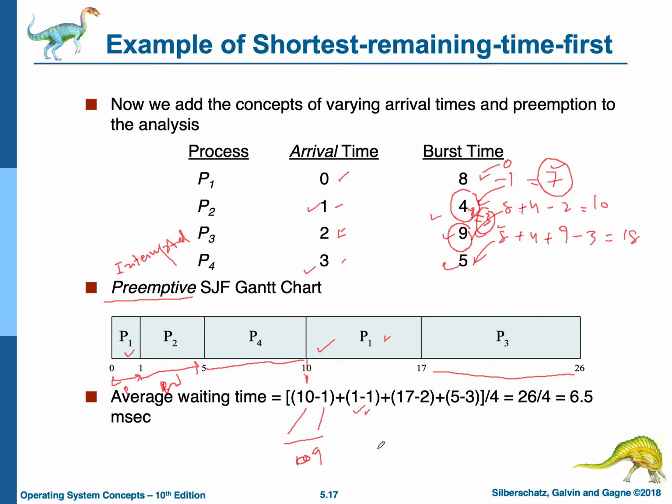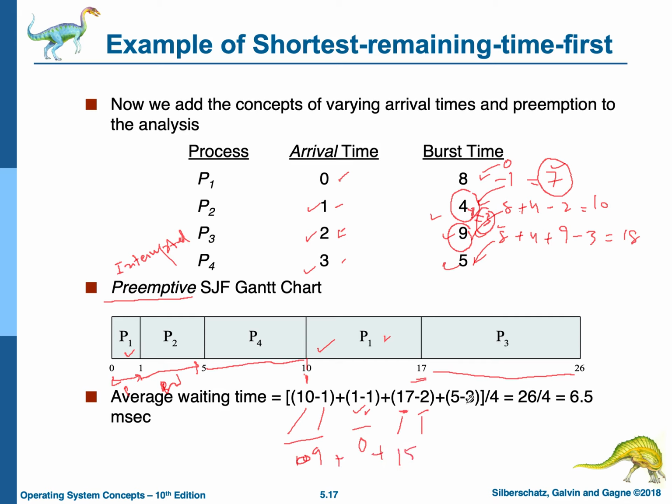While P2 arrived at time 1 and started its job at 1, so it waits 0 time. While P3 started to work at time 17 and arrived at time unit 2, so 17 minus 2 is 15, right?